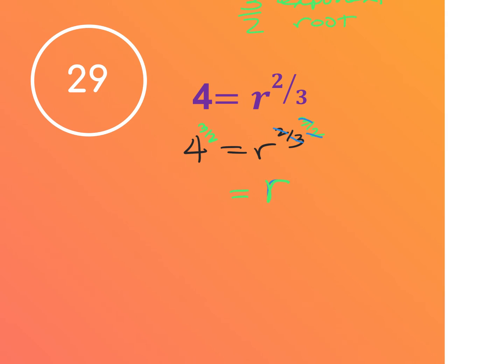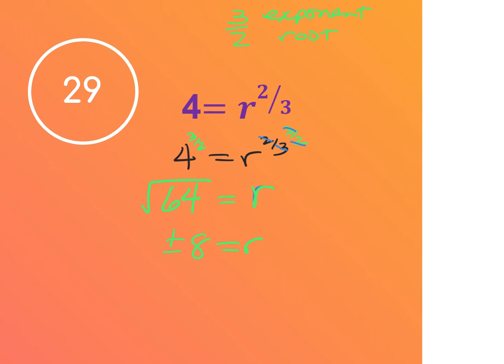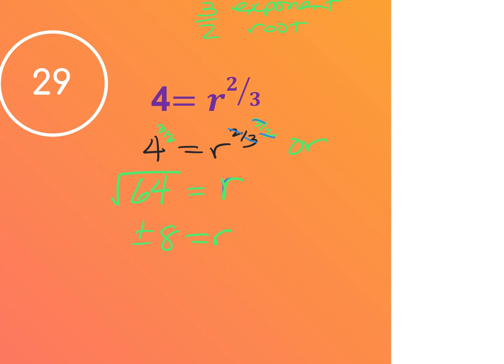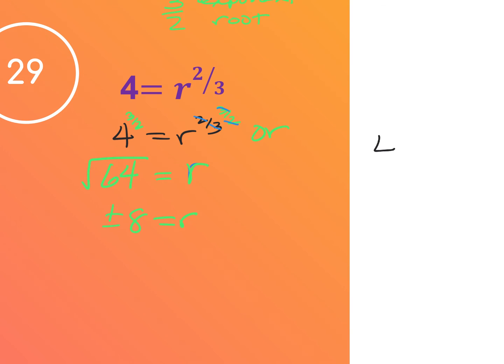Now, keep in mind, I can either choose to do 4 to the third first and then square root that answer. And then this gives me plus and minus 8 equals r. Or I could also have done square rooted it first.